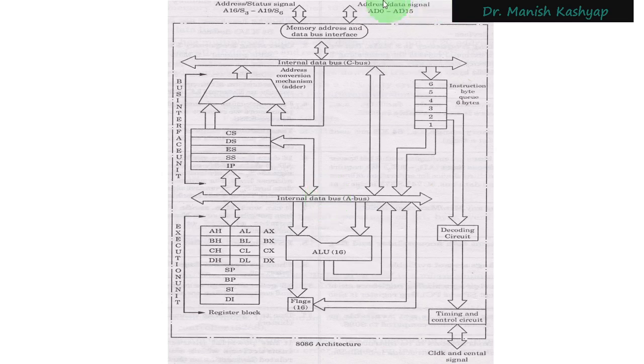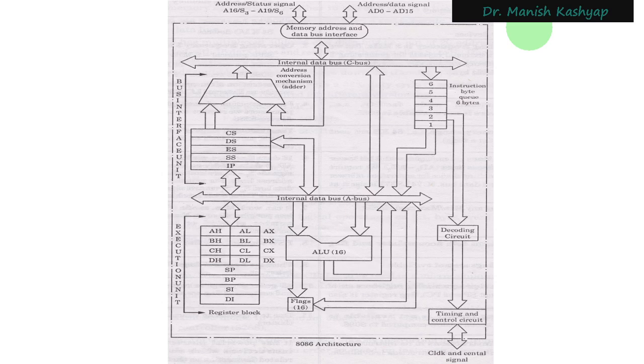As you see here, it starts from AD0 to AD15, and then A16 to A19. In totality, it goes from 0 index to 19 index, which means it has a total of 20 bits. And 2 raised to the power of 20 is nothing but 1 megabyte. So to this microprocessor, you can connect an externally interfaced memory which has a maximum of 2 raised to the power of 20, that is 1 megabyte, locations.